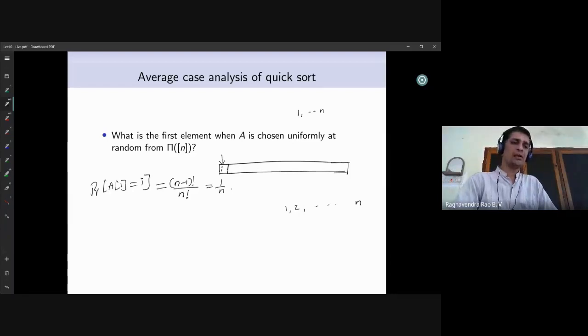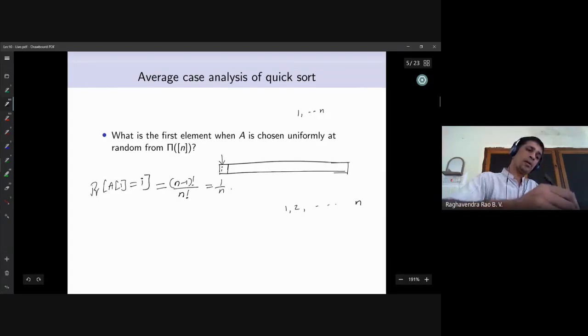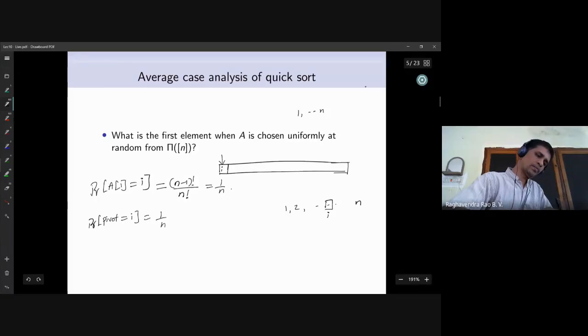Now choosing a random pivot, what does it mean? Choosing one of 1 to n uniformly at random, right? So the probability that the pivot is equal to i is 1 by n.